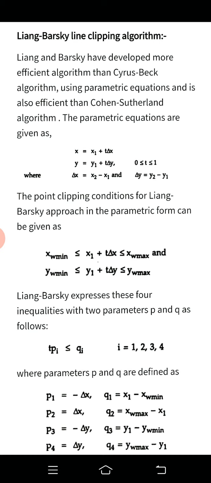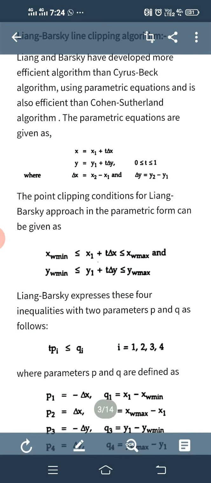The value of x1 lies between xw min and xw max. That is why we always subtract xw min from x1 for finding the q1 parameter. Same in the case of q2, we subtract x1 from xw max.